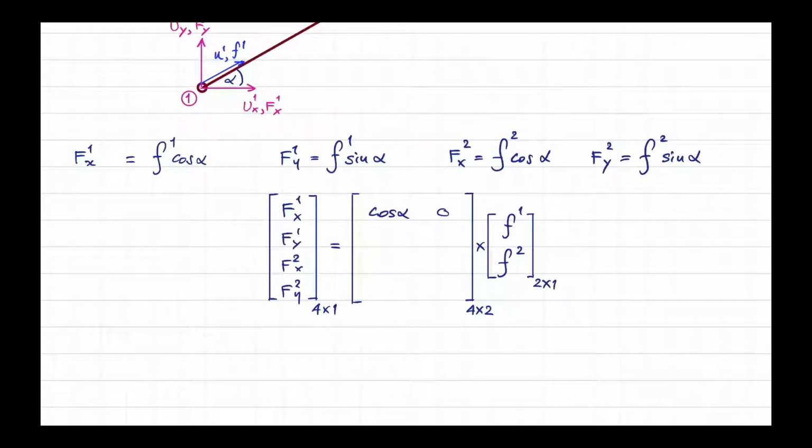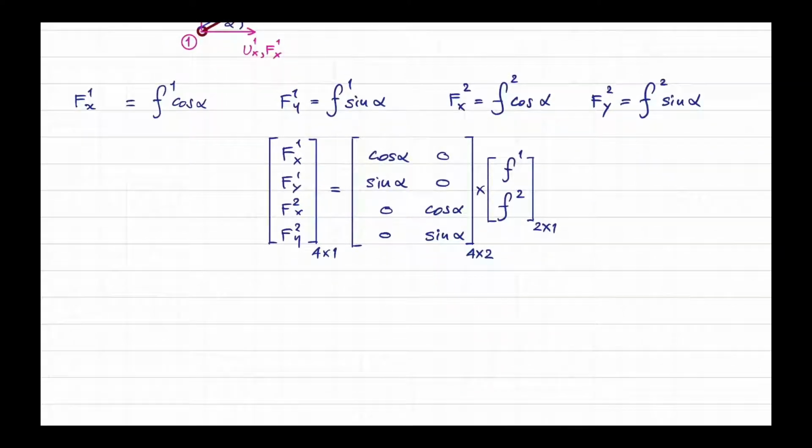So F1y, you get the sine alpha and 0 there. When you now move down to cap F2x, it has nothing to do with f1, so I put 0 for both F2x and y, and then we get the cosine alpha and the sine alpha.